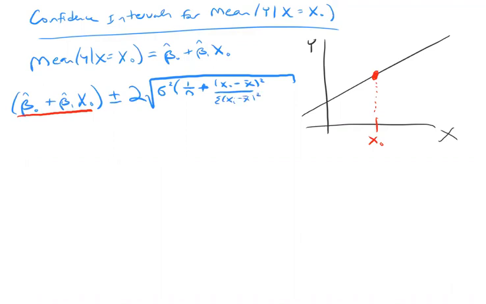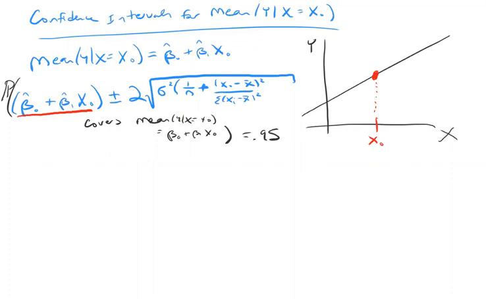So I can say that the probability that this entire interval covers the true mean of y given x equals x naught, in other words, covers the true value of beta 0 plus beta 1 x naught, is equal to 95%. The probability that this interval that I've written down in blue covers the true value of the mean of y when x is equal to 3 is 95%. So that's how you do it.